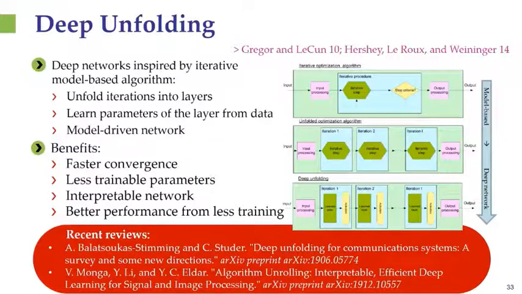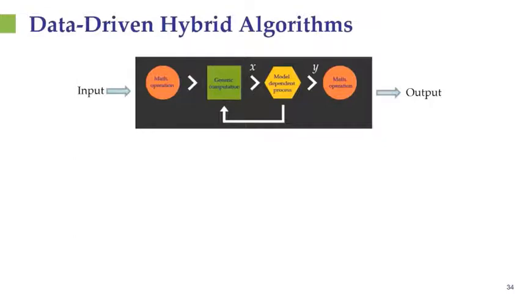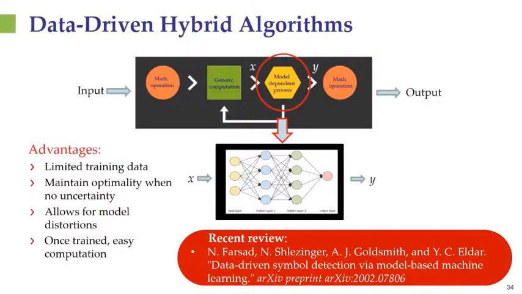So this is the first approach we can use in order to use a model-based approach in the context of communication. The second approach we suggest is very different. It's actually starting from the given solution. So starting from the generic solution that we know is good when we know the channel parameters, and then just taking the block that depends on those unknown parameters and replacing it with a generic deep network.